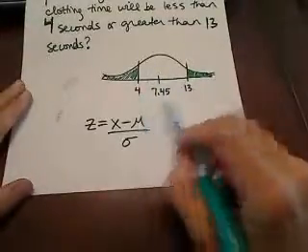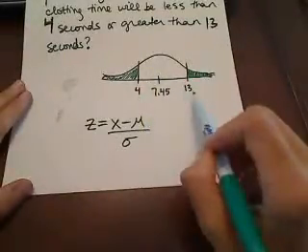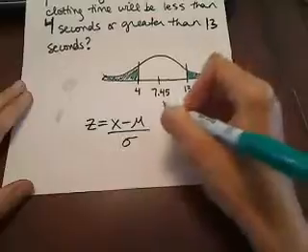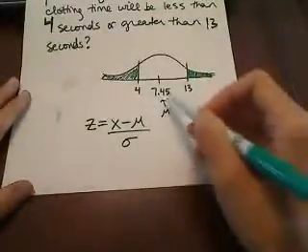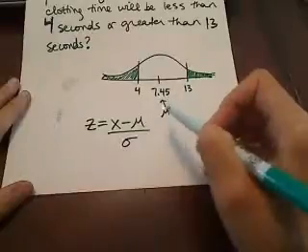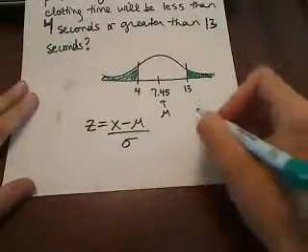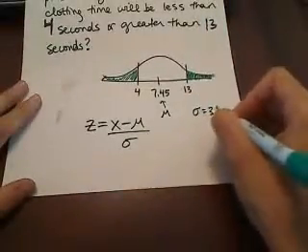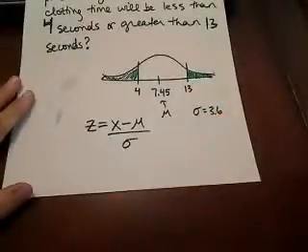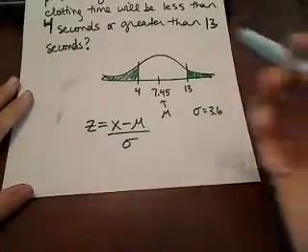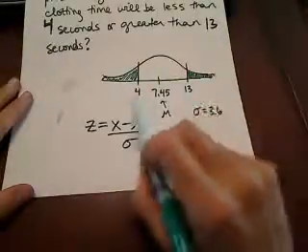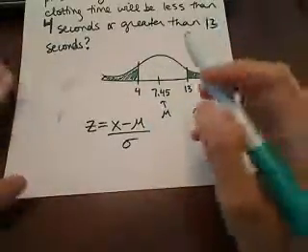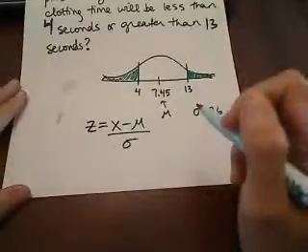And these are particular x's, the 4 and the 13. Our mu right here, or excuse me, our mean is the 7.45, and our standard deviation is given to us as the 3.6. So let's go ahead and calculate the z-scores that are occurring at each of the 4 and the 13, and then we're going to need to think about what the z-score is actually giving us.